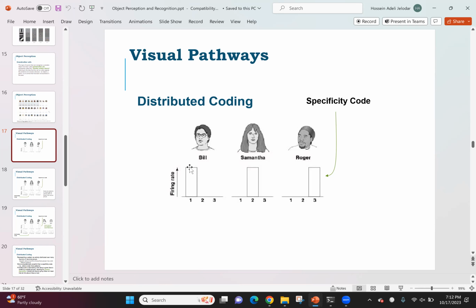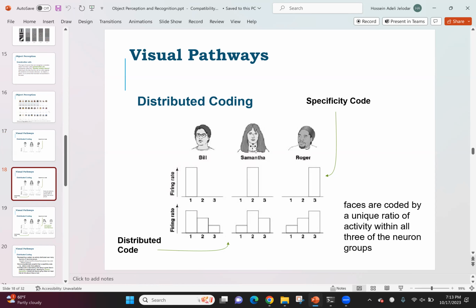You could have a system where, when it sees this person, only cell one responds. So this is the grandmother cell for Bill, this is the grandmother cell for Samantha, and this is the grandmother cell for Roger. Basically, a cell that only responds to Roger and does not respond to anything else. That's how you would expect the system to behave, and it's a specificity code. Your code is specific to individuals.